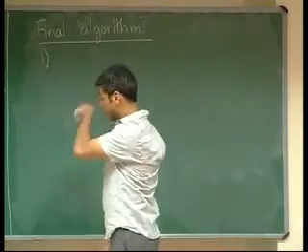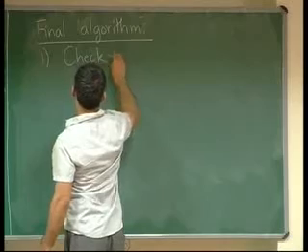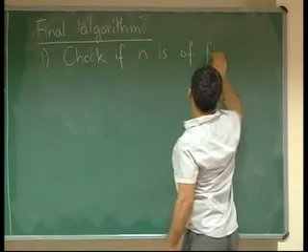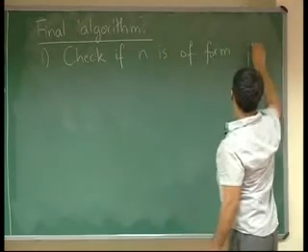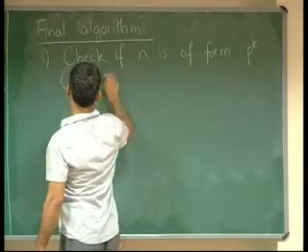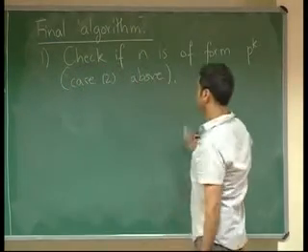Step 1 is you check if n is of the form p to the k, that's case 2. If yes, you're done.